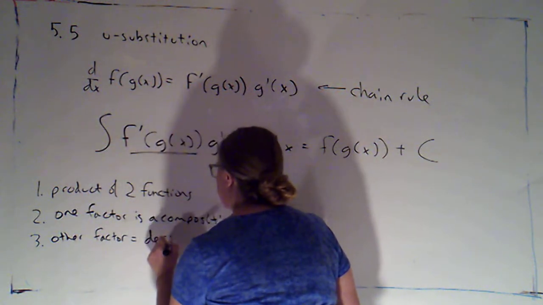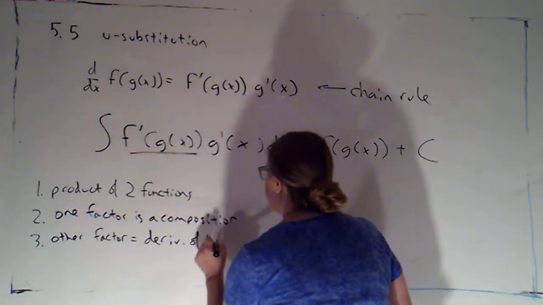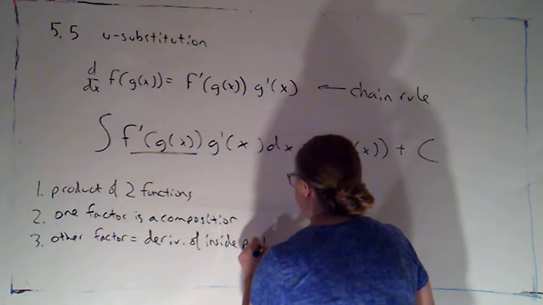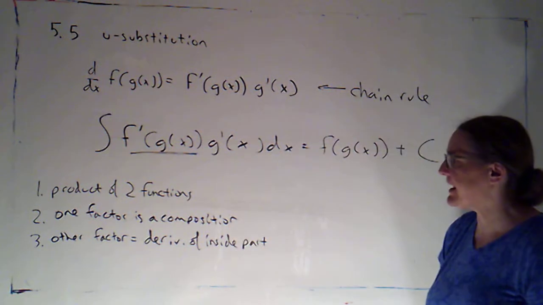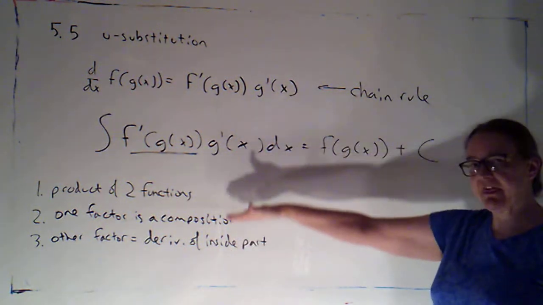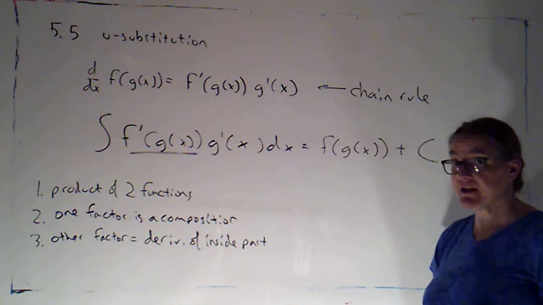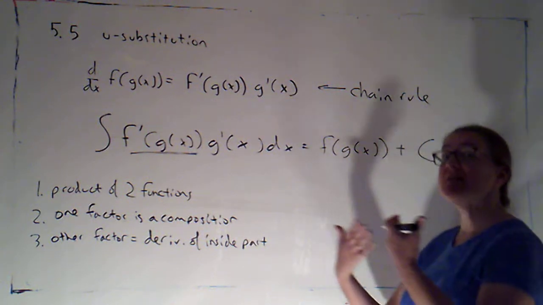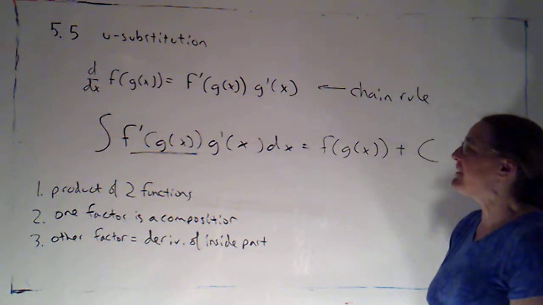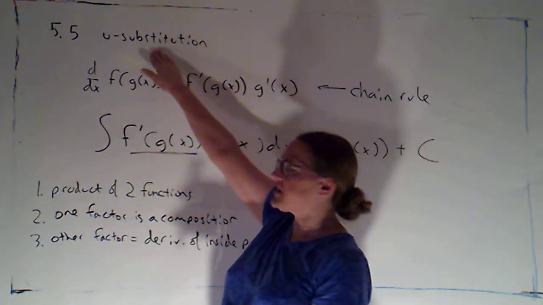So these three things are going to be my clues that I might need to be undoing the chain rule.